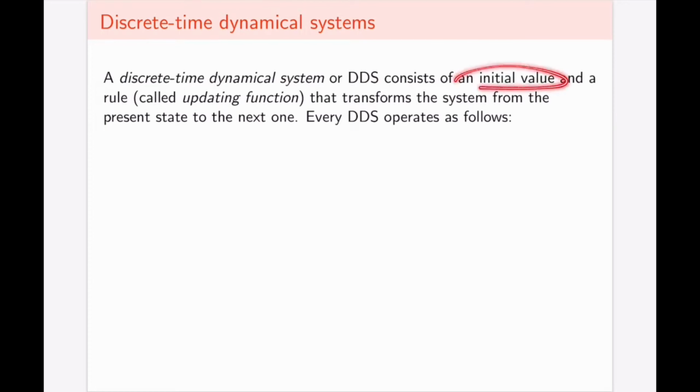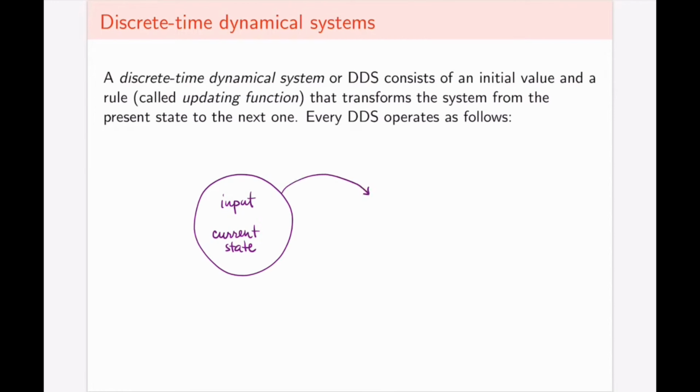It consists of an initial value and the rule, also called an updating function, that transforms the system from the present state to the next one. So we can think of this generally as having some sort of input that corresponds to current state, whether this is current year or current measurement, and the updating function, or this rule that we're referring to, will then produce an output, or next state, next year, or next measurement, or next prediction for some kind of a phenomenon.